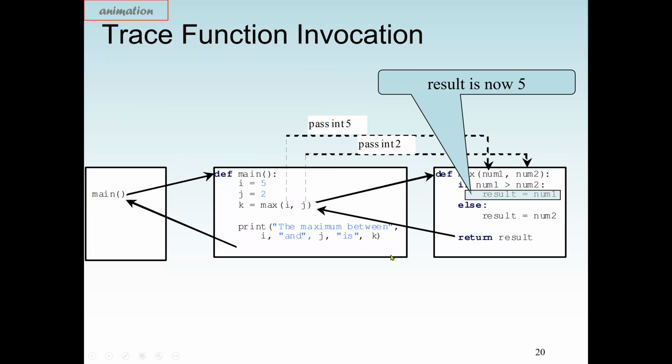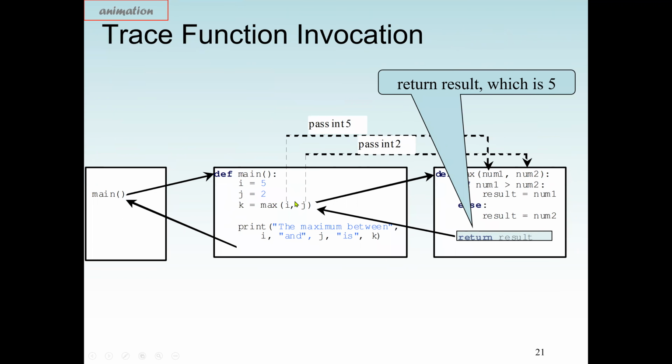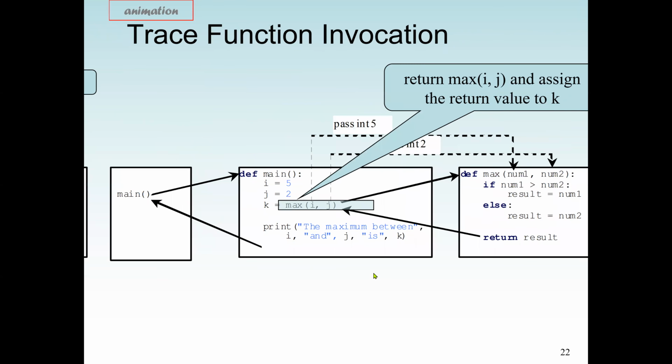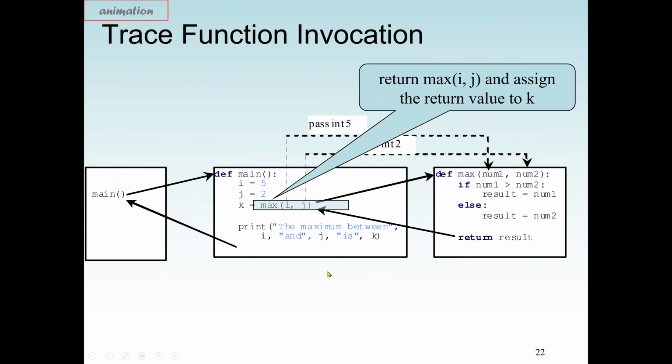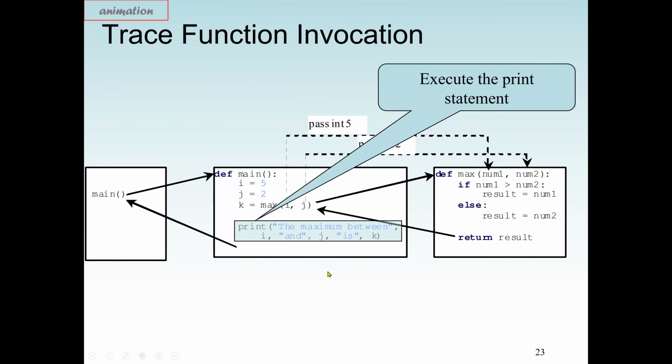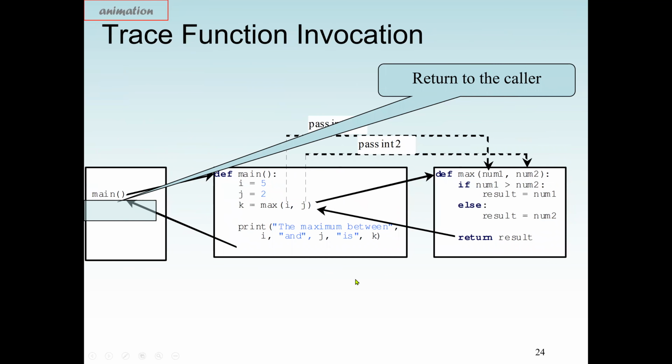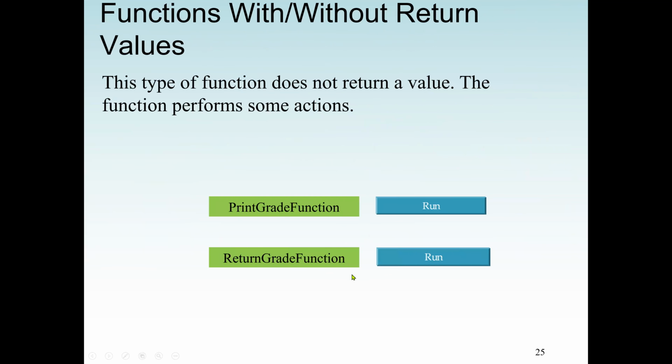Yes. If that is true, the result is 5. So we return 5 to the main function. So that means everything here will be 5. Then the next step, we print our statement. Then we return back to the caller. Now let's see some functions with or without a returning value.